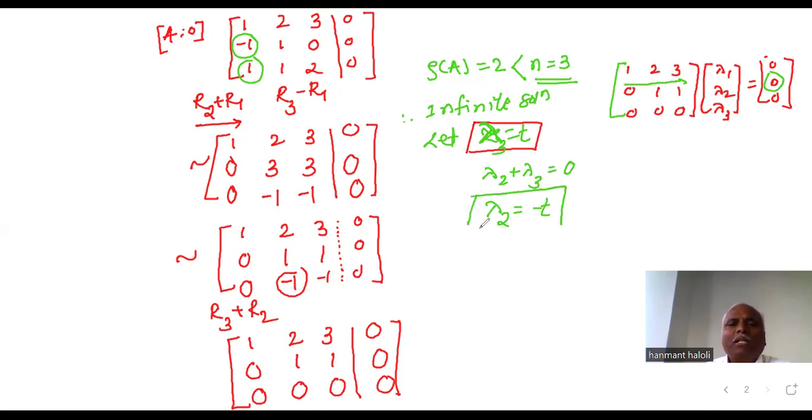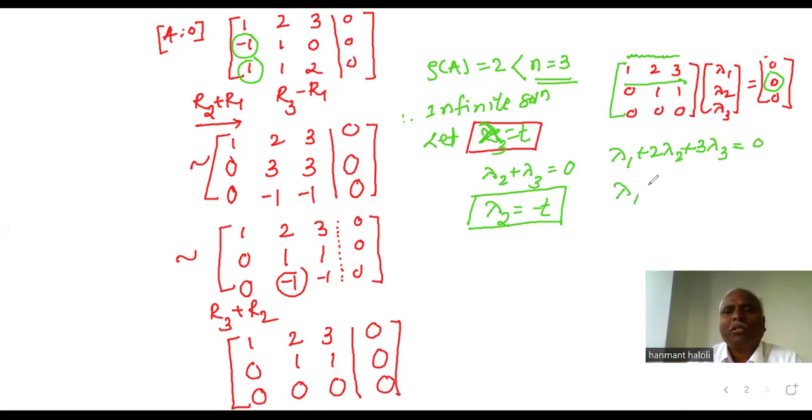You get second value. Now for the first row, this is a row, first row with column variables: lambda 1 plus 2 times lambda 2 plus 3 times lambda 3 equal to 0. You get here lambda 1 value here.